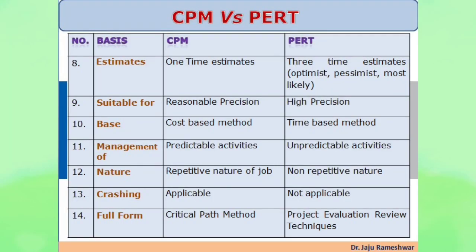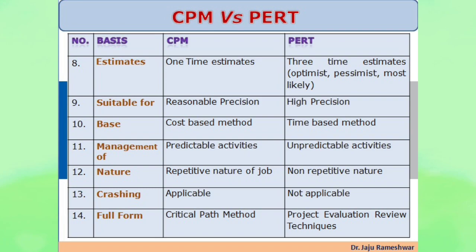The base for CPM is a cost-based method, but PERT is a time-based method. In CPM, management of predictable activities could be determined, whereas in PERT, management of unpredictable activities is determined. The nature of CPM is somewhat repetitive, but for PERT it is non-repetitive.